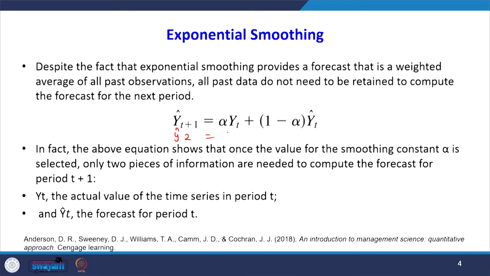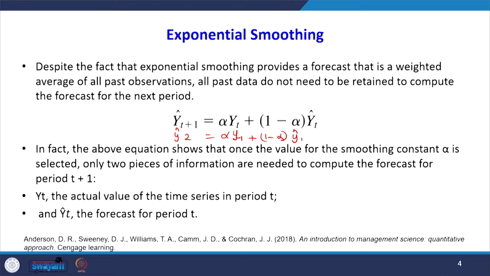What I need is alpha y1 plus 1 minus alpha y1 hat. That means, for forecasting the next period I need the previous period actual value with alpha weightage plus the previous period forecasted value with 1 minus alpha weightage.